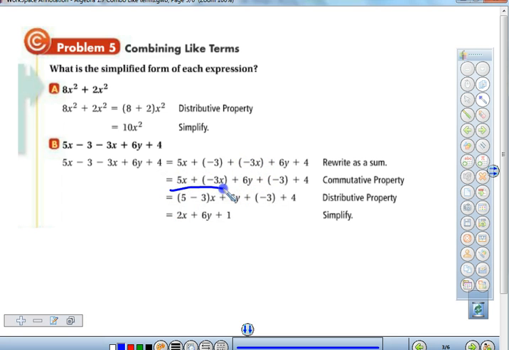Our like terms are the 5x and negative 3x, and then our constant terms are like terms. We could rearrange this because we can use the commutative property. Now, what that lets us do is take 5 plus the negative 3 with our x, which gives us 2x, adding those like terms. 6y stays the same, and negative 3 plus 4 gives us a positive 1.